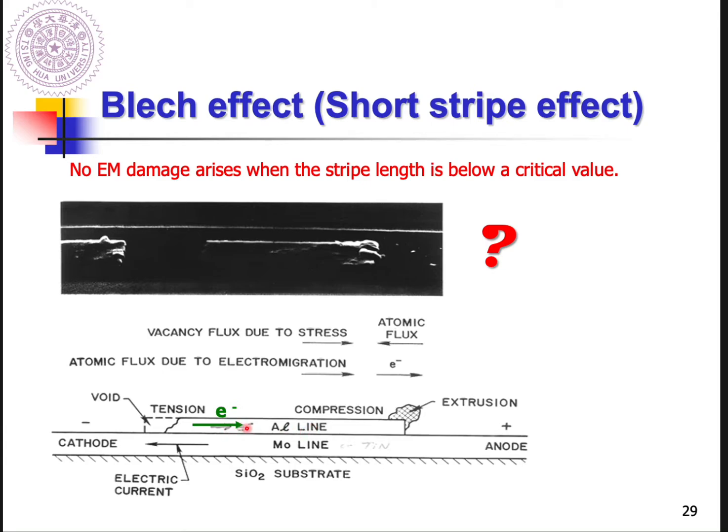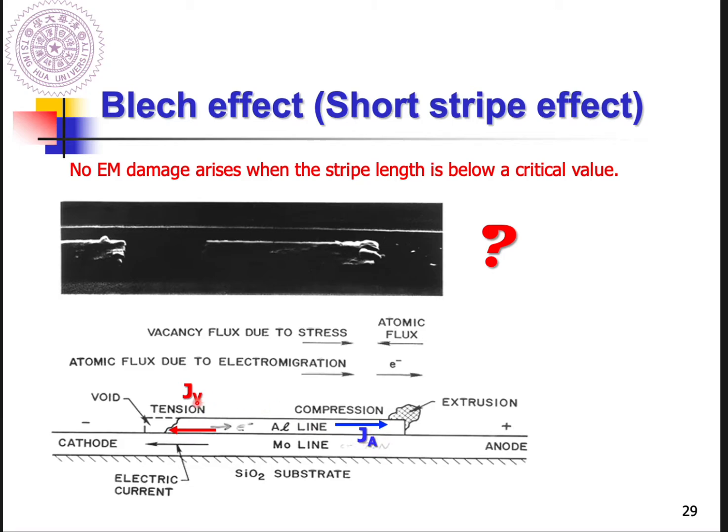Then these electrons have a chance to push the aluminum ions toward the right-hand side, which we call electron migration. As you know, the net flux equals 0. So as long as the atomic flux of aluminum is pushed to the right-hand side, there's a vacancy flux toward the left-hand side.